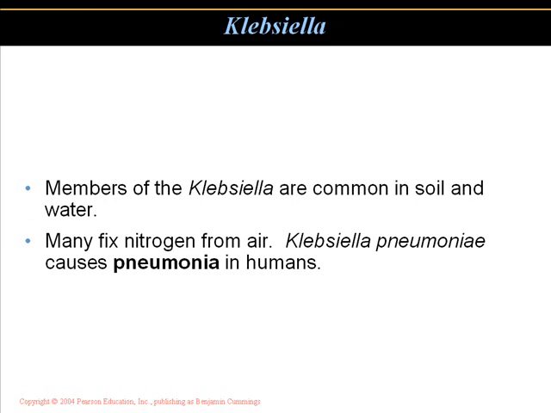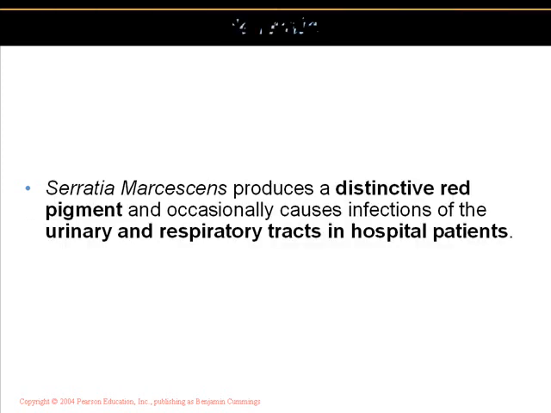And then the Klebsiella organism, Klebsiella pneumoniae, is a microorganism that we see commonly as a cause of pneumonias in humans. Klebsiella pneumoniae also lives in the soil and in the water, fixes nitrogen from the air, major cause of respiratory disease. Serratia marcescens produces a distinctive pigment, a red pigment.